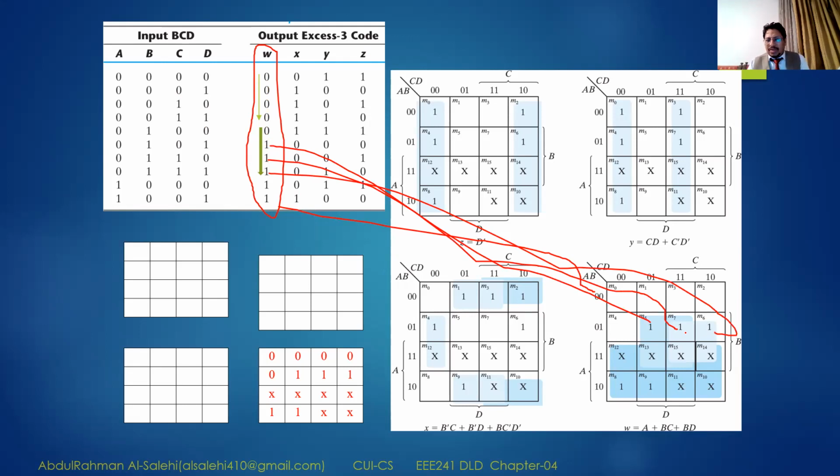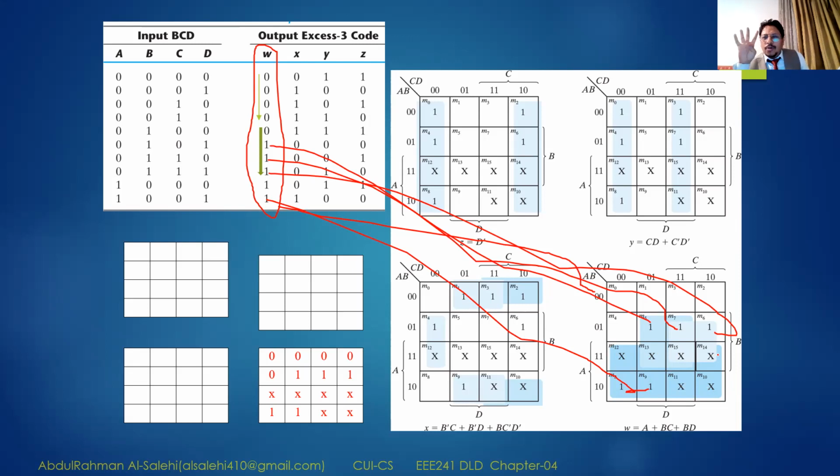So what I can see is that up to 9, this is 9, right? What about the others? The others are don't care functions. This one and all these are don't care.